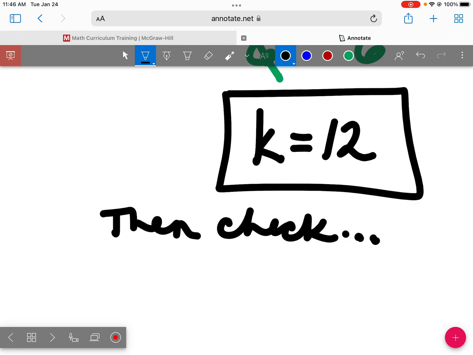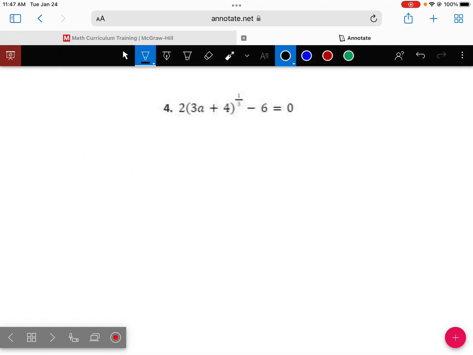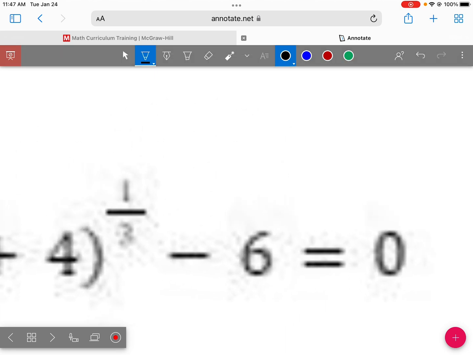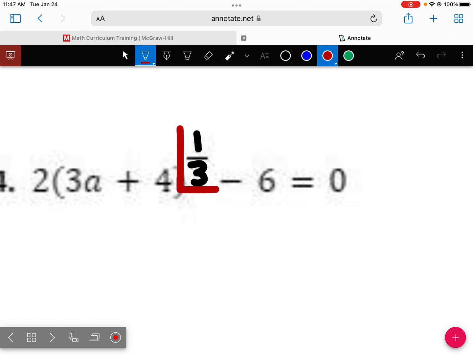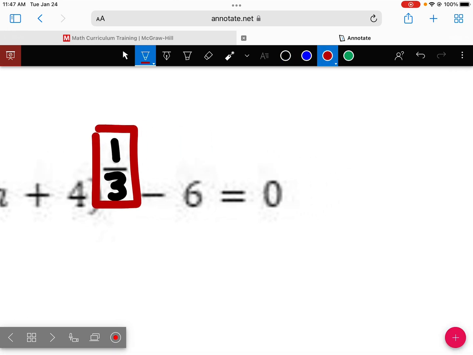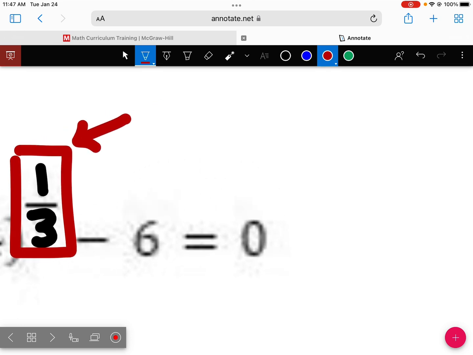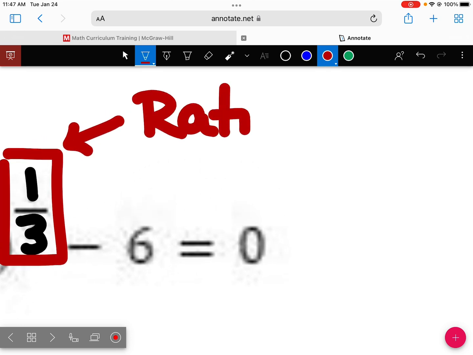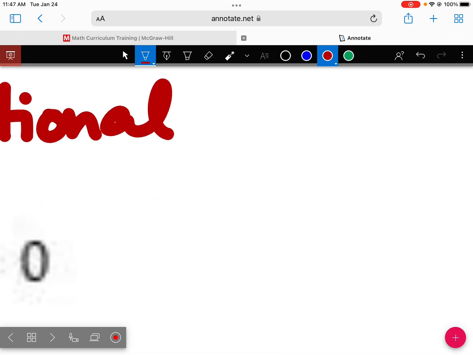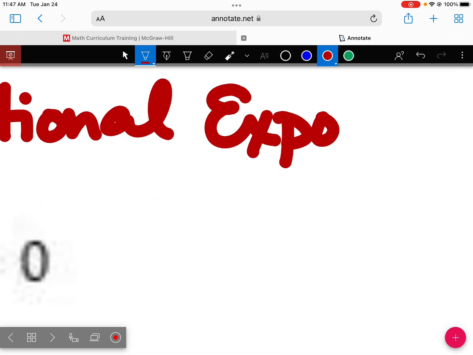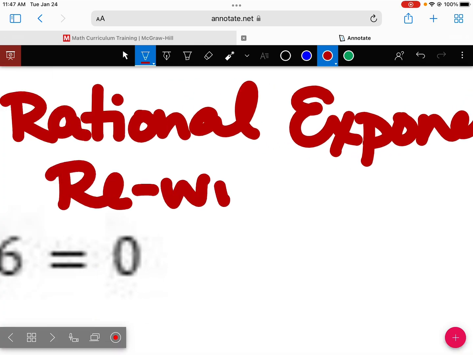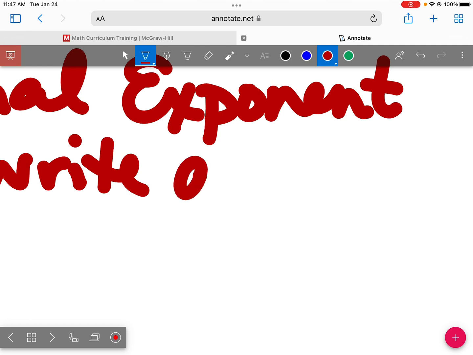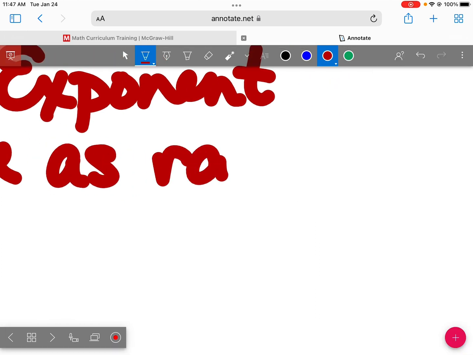What's different looking about number 4 than any of the problems that we've done? It has a fraction. Can you guys see what that fraction is? 1 over 3. When I have a rational exponent, I want to rewrite it as a radical.